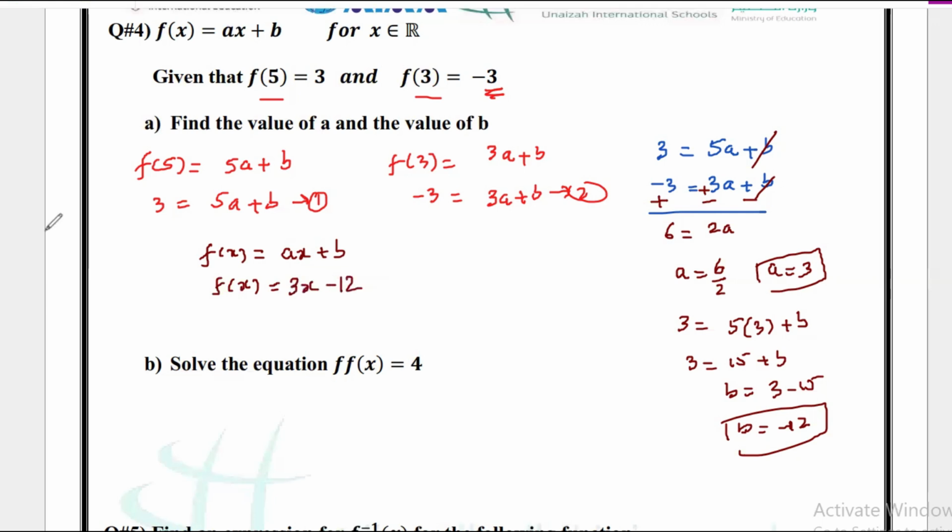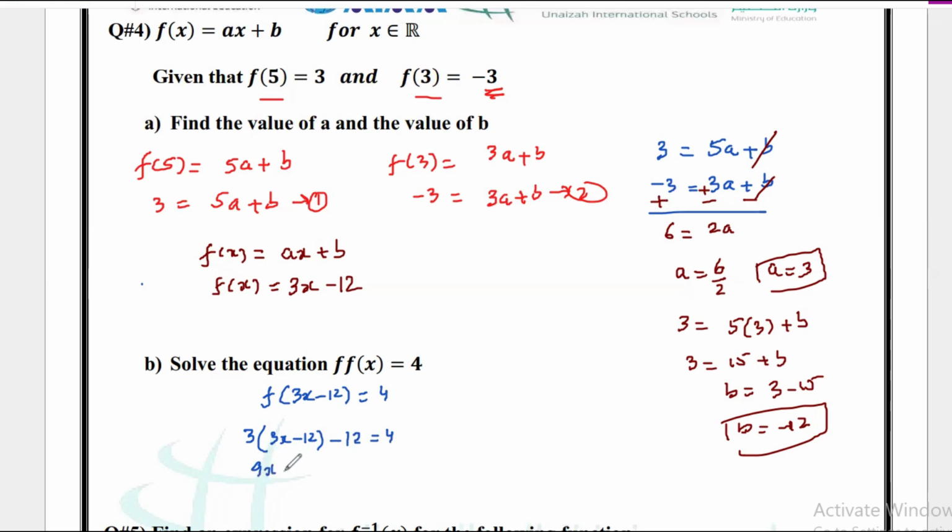Now after this, we will try to find the second part. Remember, this is a composite function, a function followed by another function, but it is applied to itself. Means f of f of x is equal to 4. Again, substitute 3x minus 12 back in the same function, which is 3 bracket open 3x minus 12 bracket close minus 12 is equal to 4.